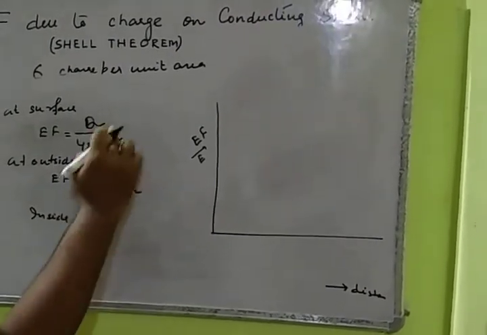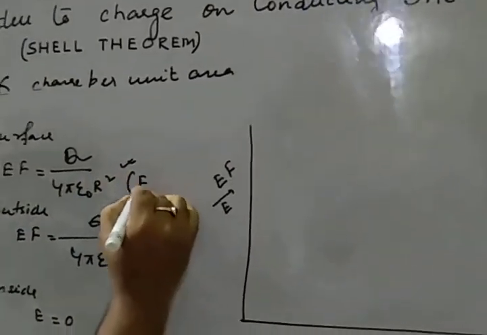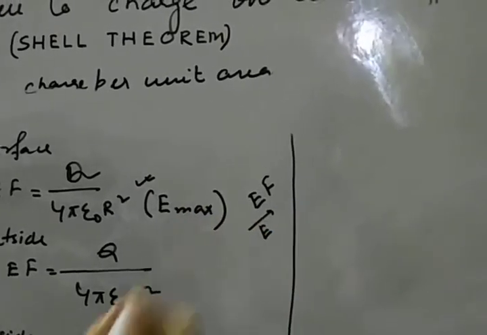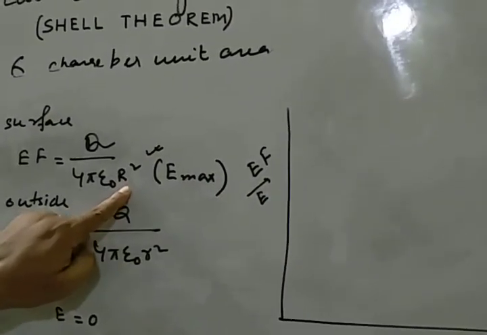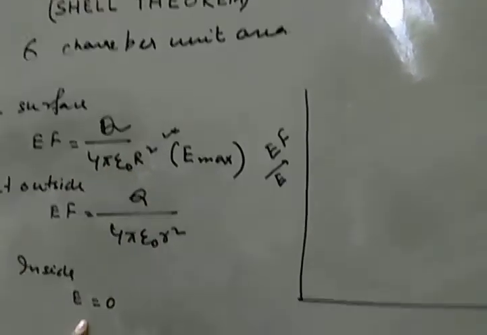Out of the three, where is the electric field maximum? Here, at the surface, the electric field is maximum. Why? Because capital R is smaller than small r. The minimum value is 0.